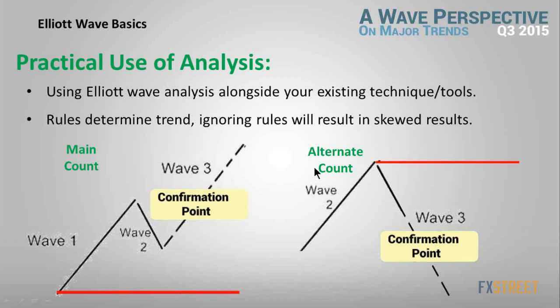So at the time of publishing the analysis, both counts are valid, but once the confirmation point is reached, the main count's probabilities increase, and so does our confidence in that count, and therefore we trade according to that count. On the other hand, if the alternate count's confirmation point was reached, we shift our focus to the alternate count and trade according to its expectations. One last note about confirmation points is that they may be used as entry points.